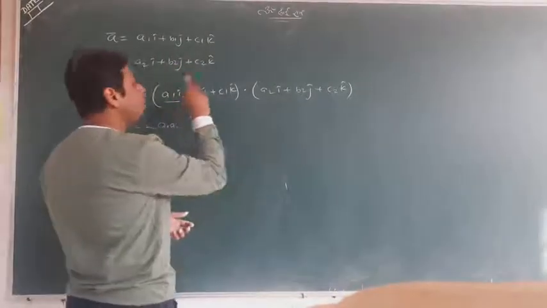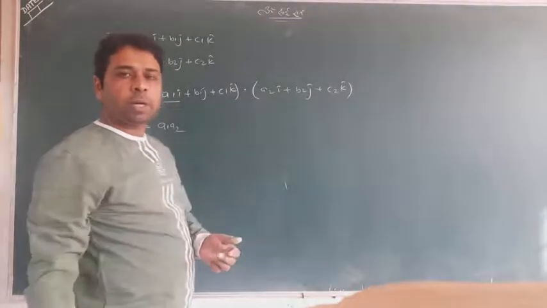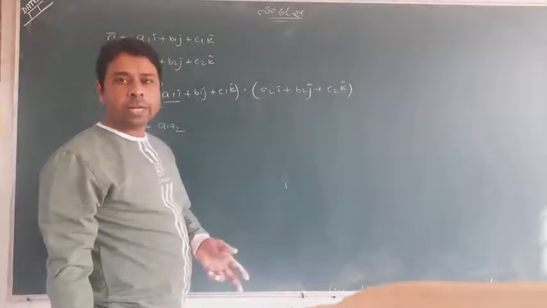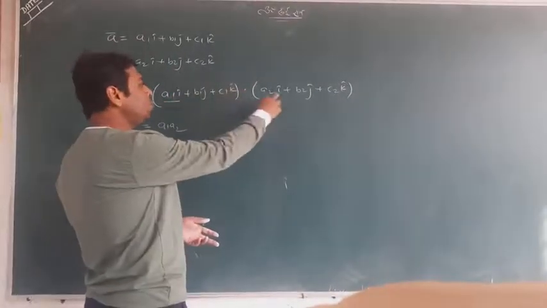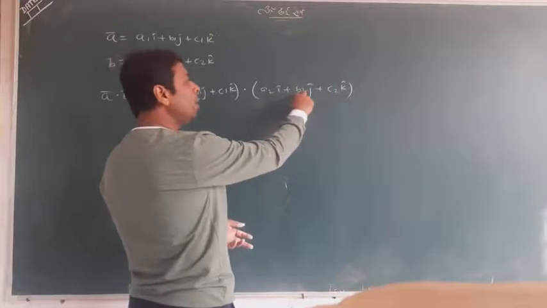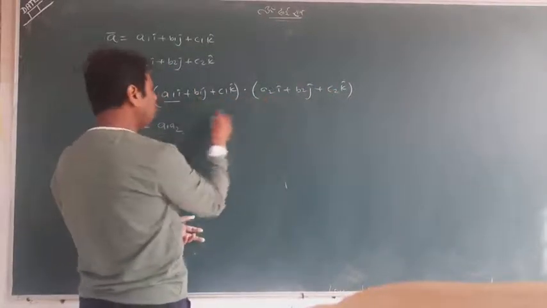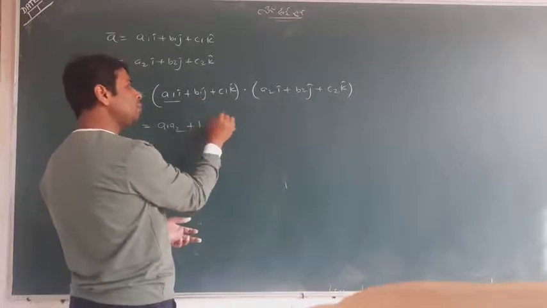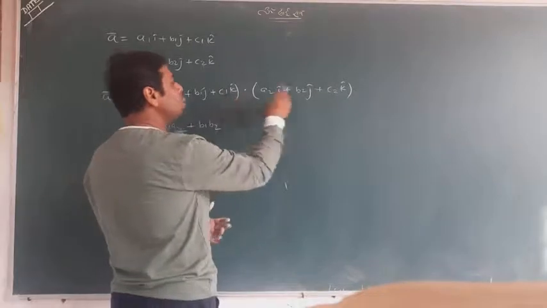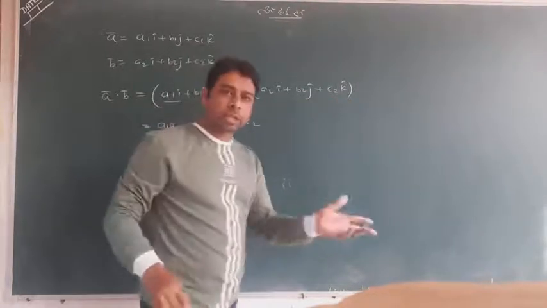And similarly, the third one, i dot k, will be 0. So I need not write it there. So till now you know what I will write. First I wrote these two. Then I will write b1 j. Definitely the meaningful one is this one. These two are meaningless because all will be 0. So b1 b2 I will write only because j dot j is equal to 1, and the same as the last one, multiplied with the last, k dot k is equal to 1 and the rest will be 0.